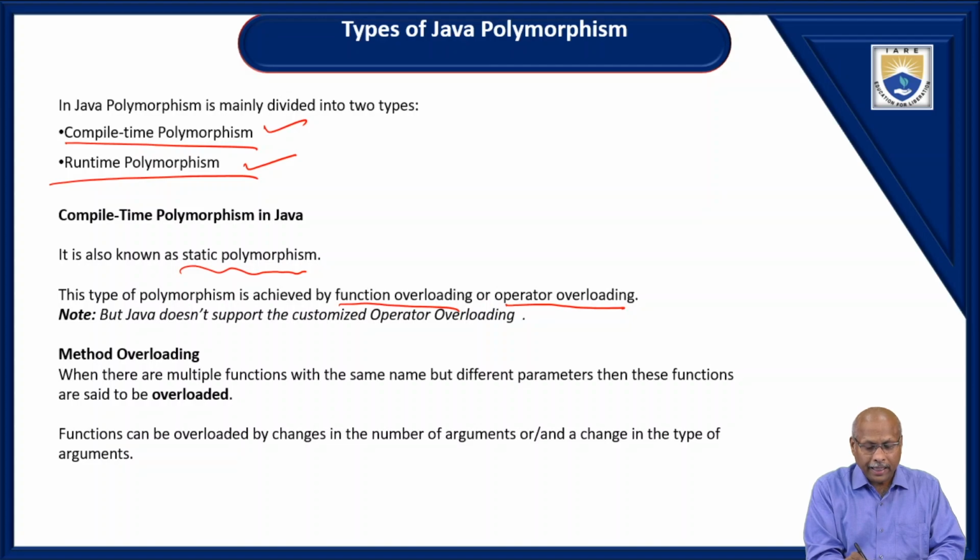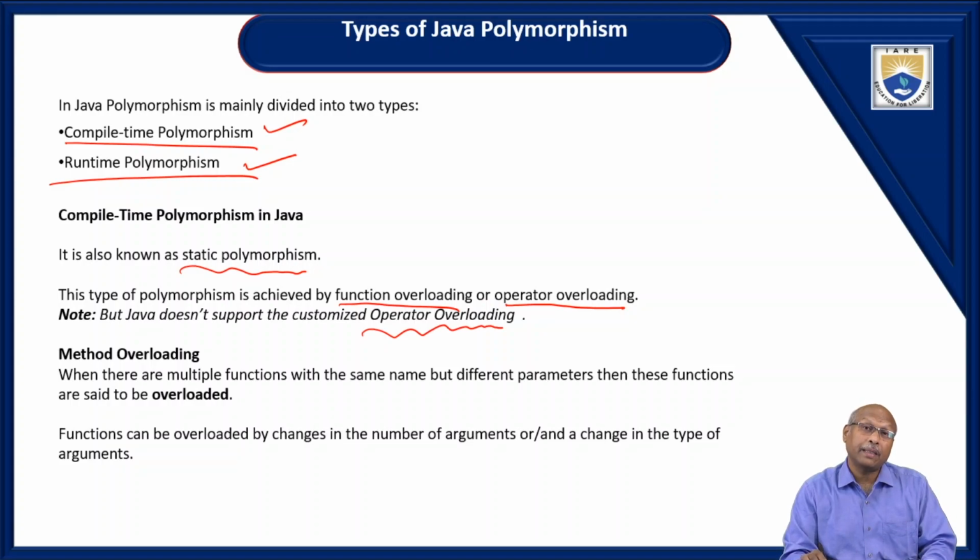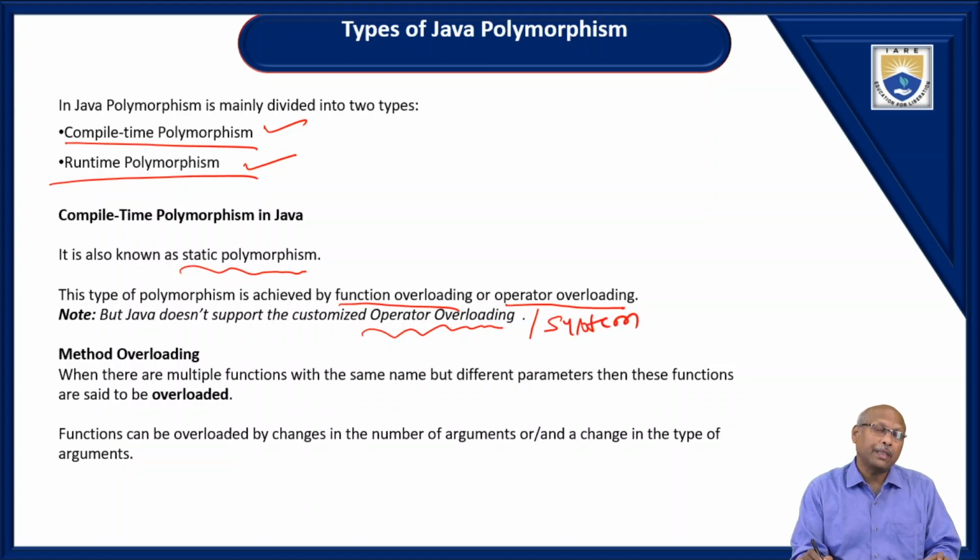Remember, Java does not support customized operator overloading. That means system enabled operator overloading is there, whereas you cannot write your own customized operator overloading. Java is not giving such flexibility. Other languages like C++ permit you to overload your operators, whereas Java does not support it directly. Whatever operators the system gives you, those you can use for overloading.